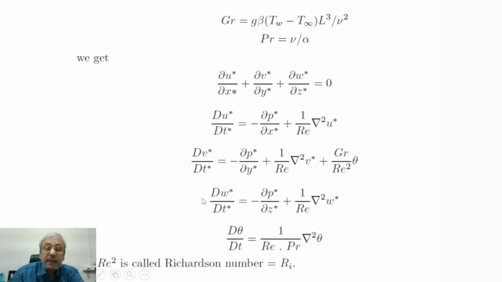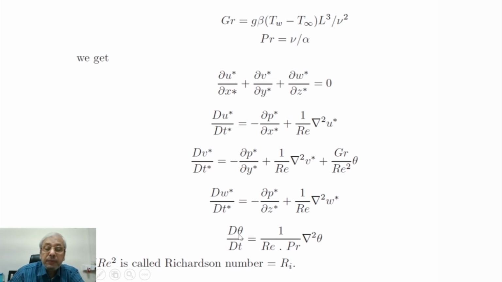Then in z direction, the momentum equation is the total derivative of W star equal to minus ∂P star by ∂z star plus 1 by Reynolds number grad square W star. So this is the momentum equation in z direction, this is in y direction, this is in x direction, and this is the non-dimensional continuity equation, this is the non-dimensional energy equation.